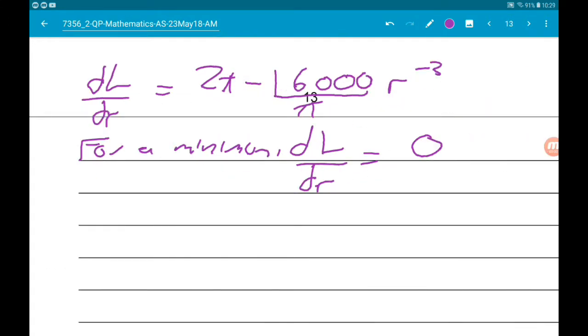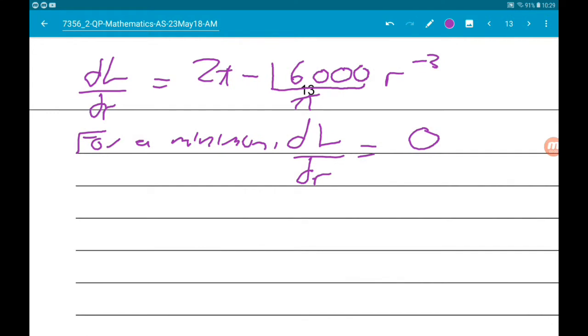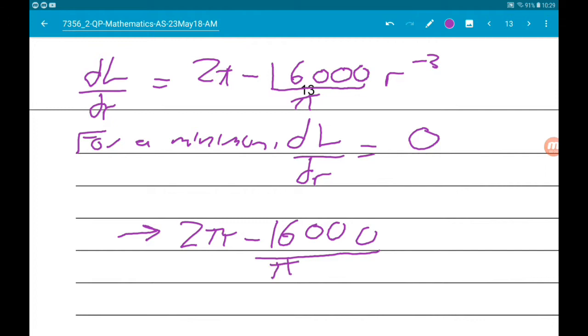Okay, so from here then, we are setting 2 pi minus 16,000 over pi r cubed, since r to the minus 3 means 1 over r cubed, equal to 0.